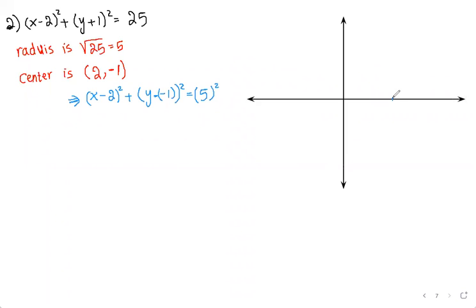Here is 2. This is 1, 2, and -1. So this is the center. And the radius is 5, so I move 5 units to the right and 5 units to the left.